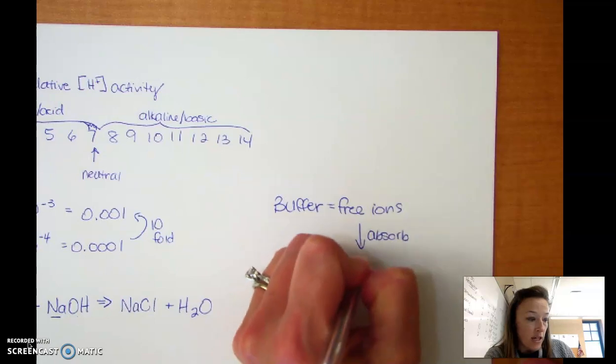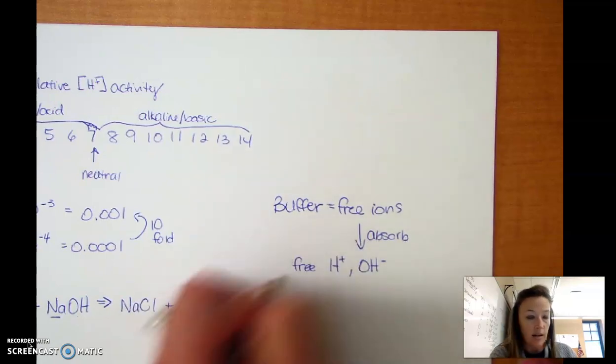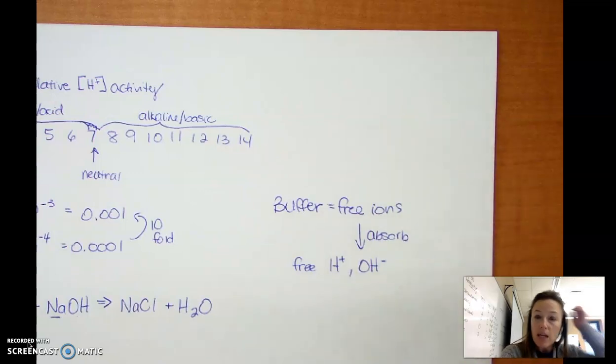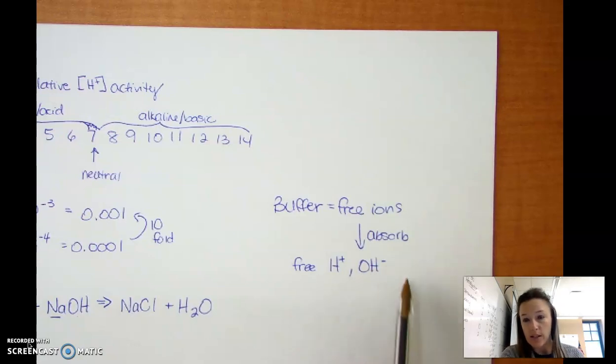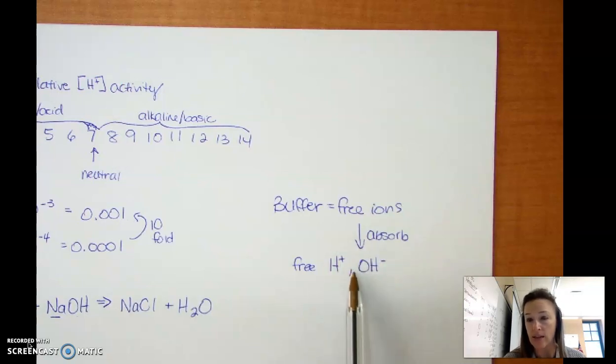So if you add an acid, it can bind all of those up. So it's almost like you didn't even add that acid, it just sucks them all up. If you add a base, then it will suck up all those OHs. And so buffers are able to resist pH changes because they have these ions that can absorb or bond to these and basically take them out of solution. So it's like you didn't even add them.